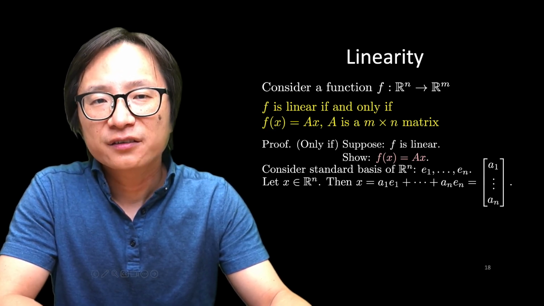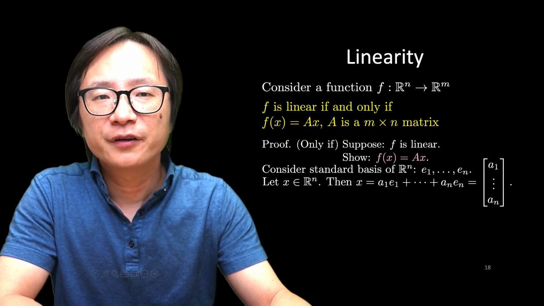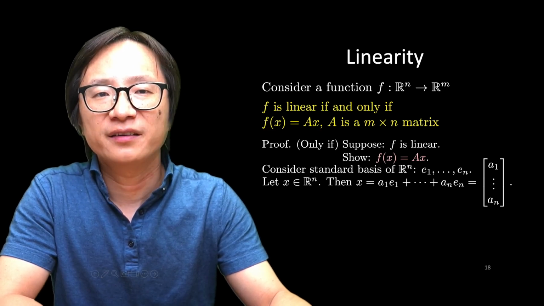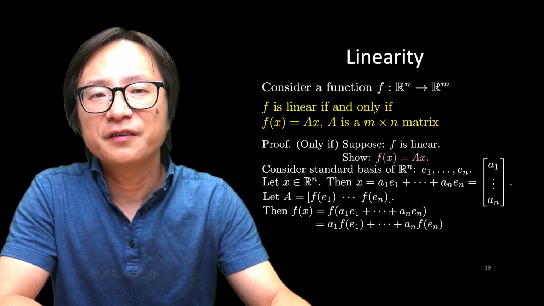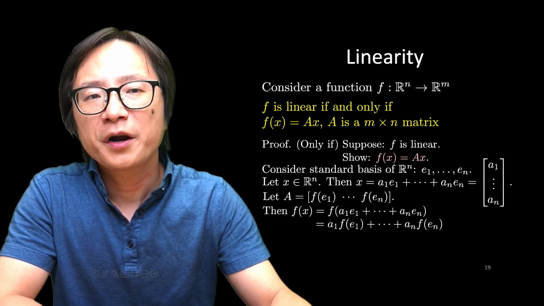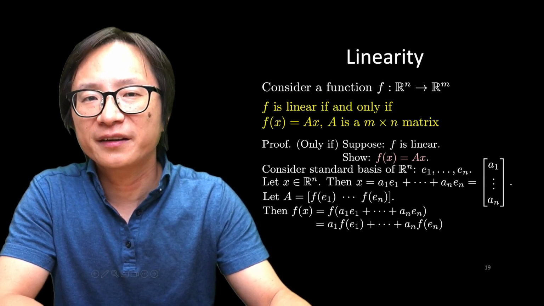Any vector x in R^n can be written as a linear combination of this basis and is equal to the column vector a1 to an. Now let's define this matrix A like this, where each column is f applied to a basis vector.